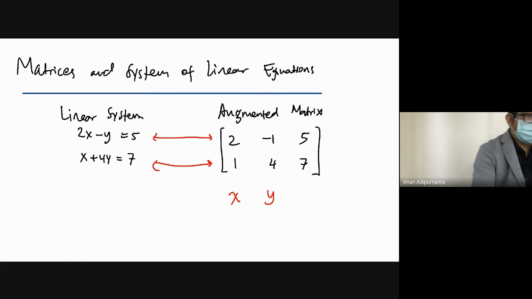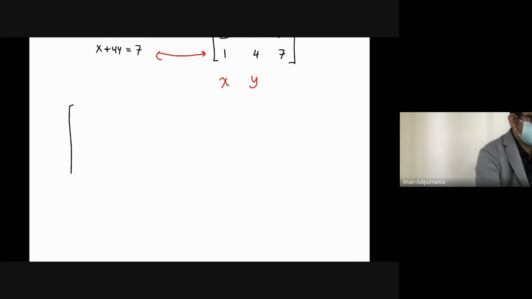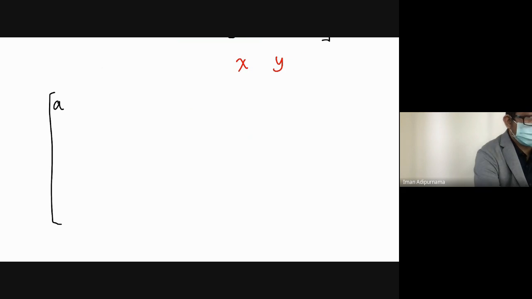And by definition, a matrix is, if we have this, we can write the positions of each singular number or constant in the matrix with 1, 1 for the top left part, and then 2, 1.